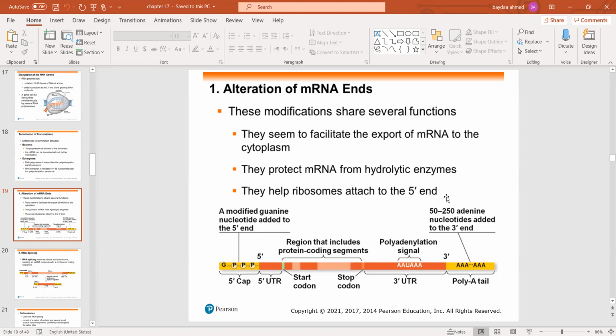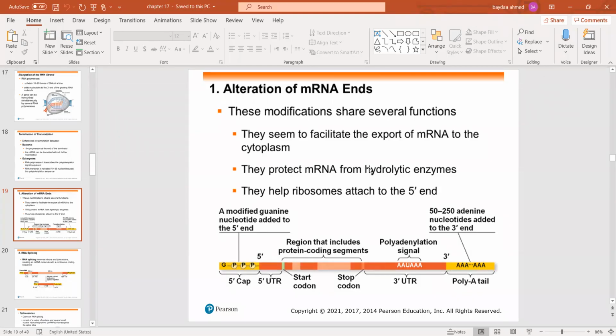At the 3' end, an enzyme then adds 50 to 250 or more adenine nucleotides, forming a poly A tail. So on the 5' end we have the 5' cap, and on the 3' end we have the poly A tail.